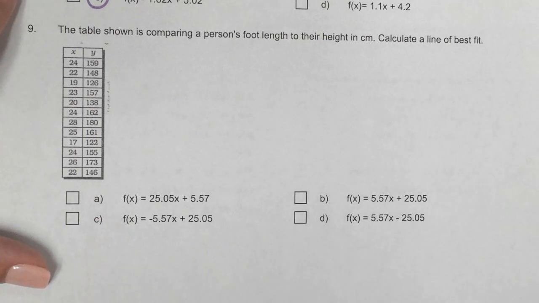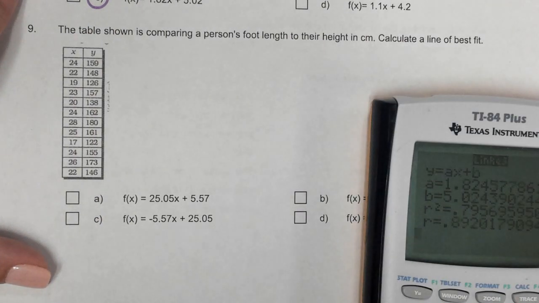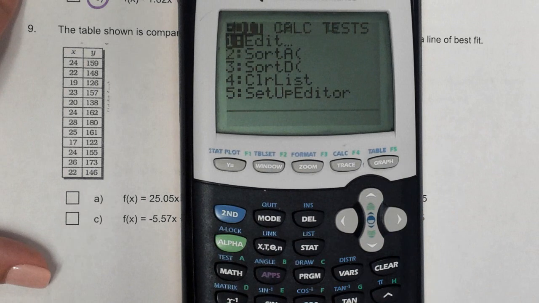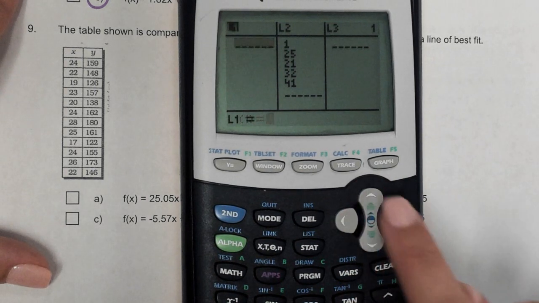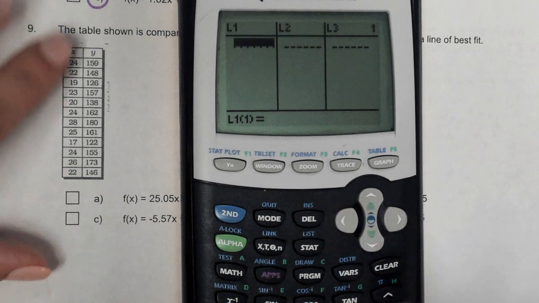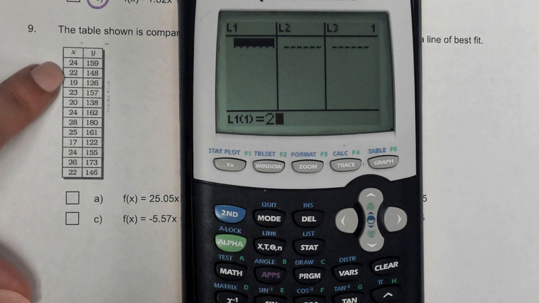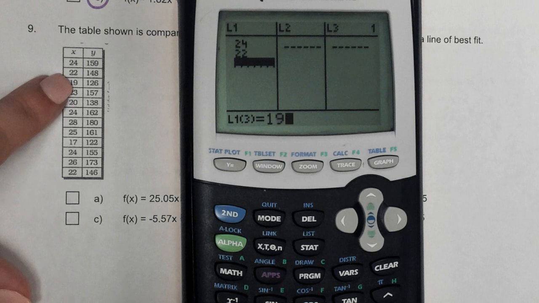Okay, so we're getting another line of best fit. Stat, Edit. I'm going to clear these out. And we type in our X values, 24, 22.